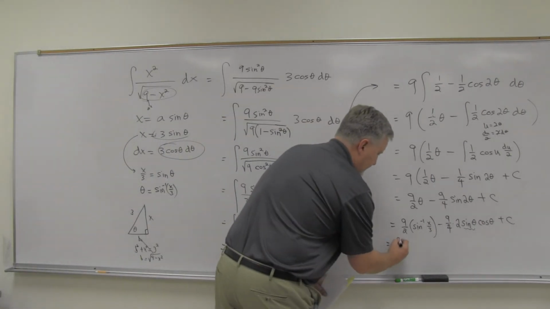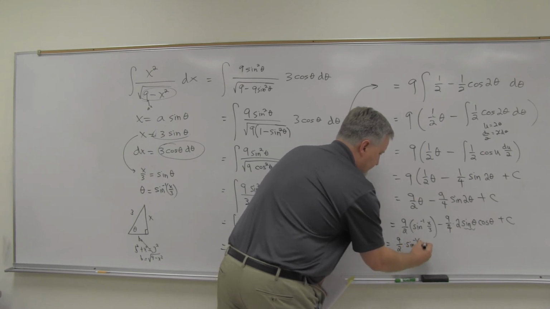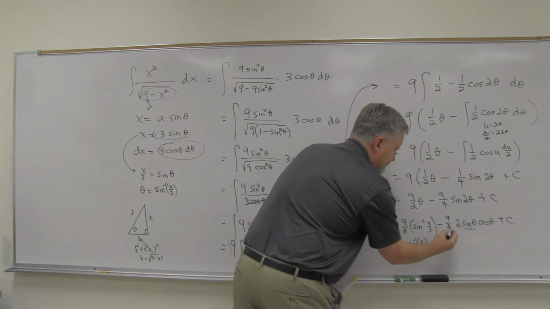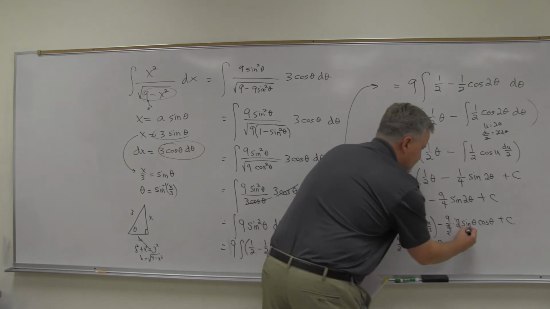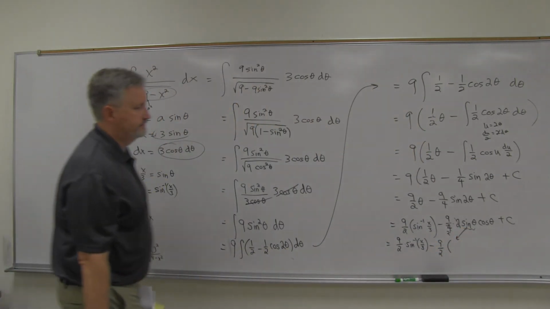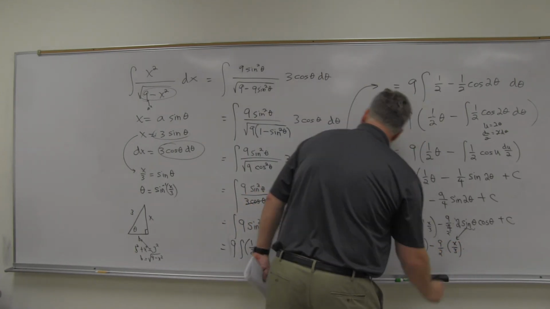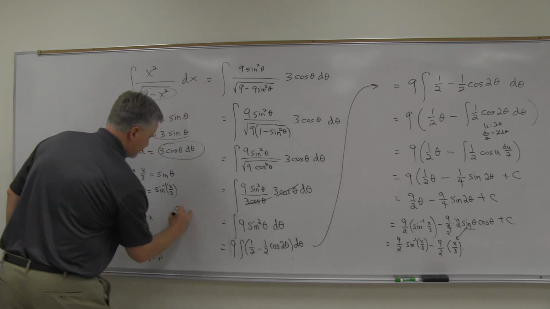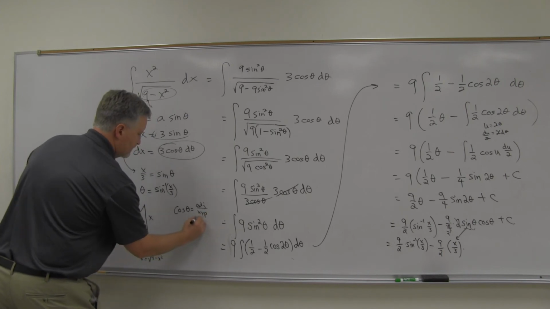So putting those in, I've got 9 halves times sine inverse of x over 3 minus, we've got a little cancel there, so this will be minus 9 halves. Sine is x over 3. Cosine of theta is the adjacent over the hypotenuse, and so that's going to be the square root of 9 minus x squared over 3.